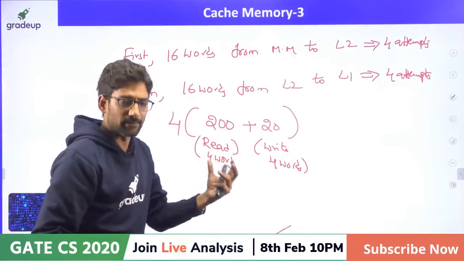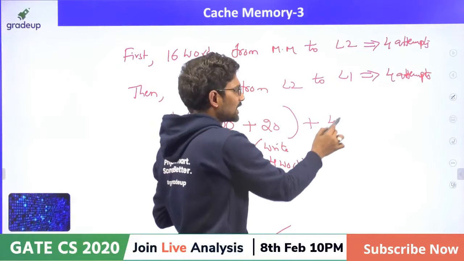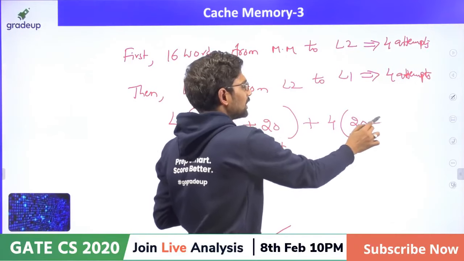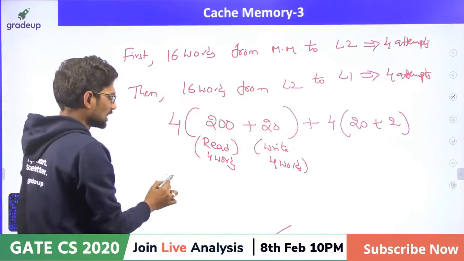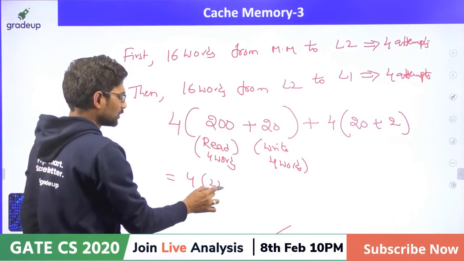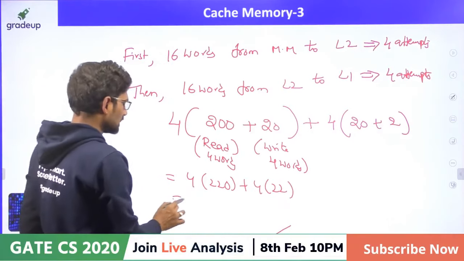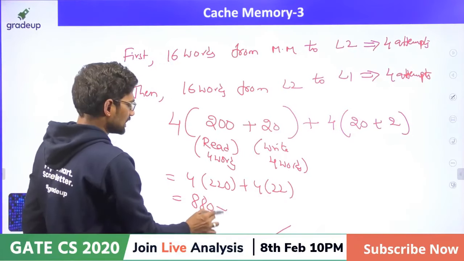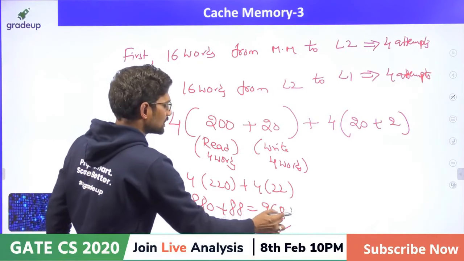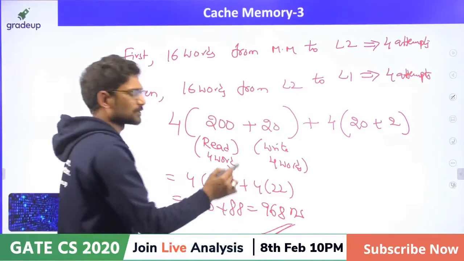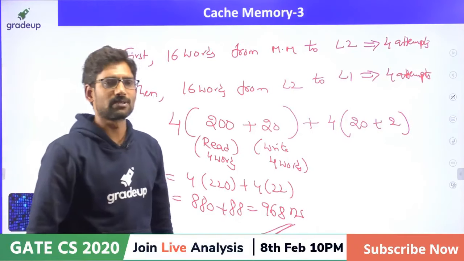But now the block came to L2. Then a block is transferred from L2 to L1. This we already solved just now. So what is the answer? 4 multiplied by 220 plus 4 multiplied by 22. This is 880 plus 88. 968 nanoseconds is the answer.